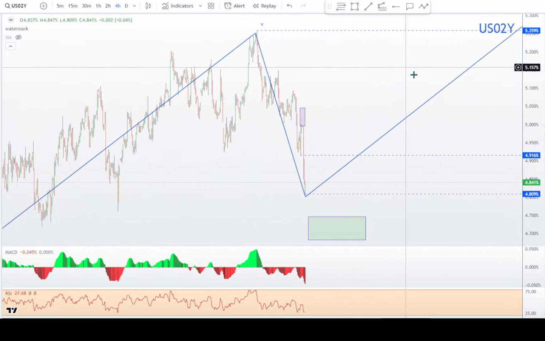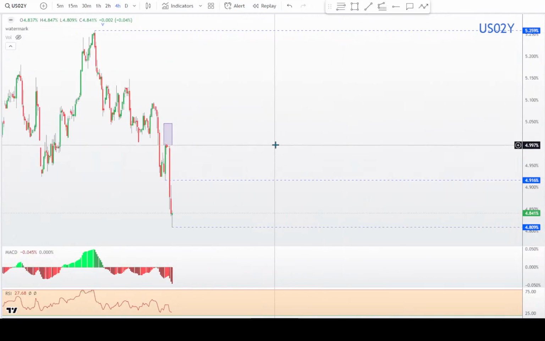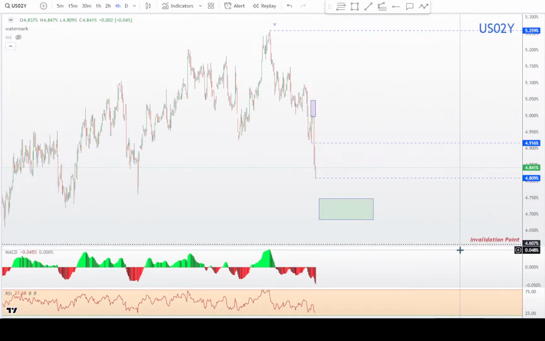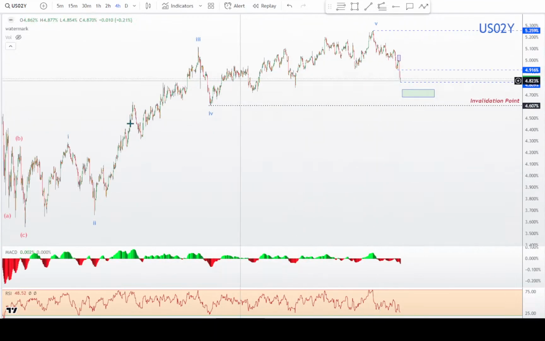And then there's going to be a massive correction. But like I said, invalidation is 4607. So if they just give a correction and then drop and then break that, then we know that the 5th wave is in, and it's good to go for a really big correction.